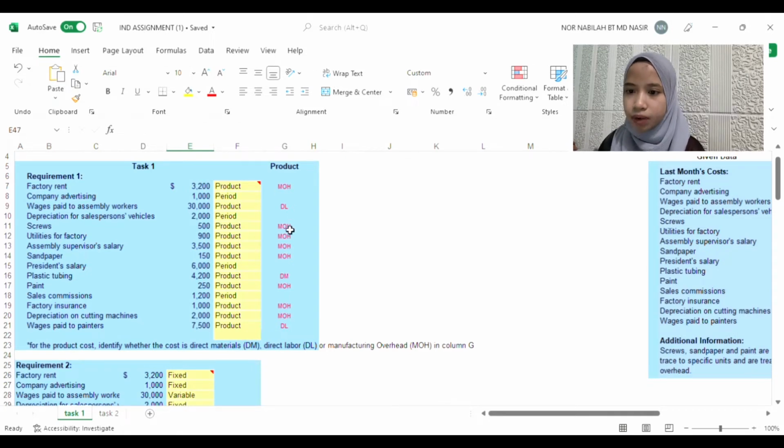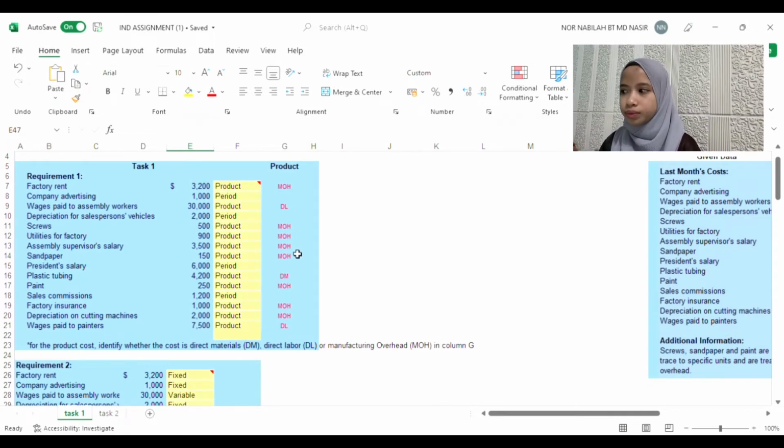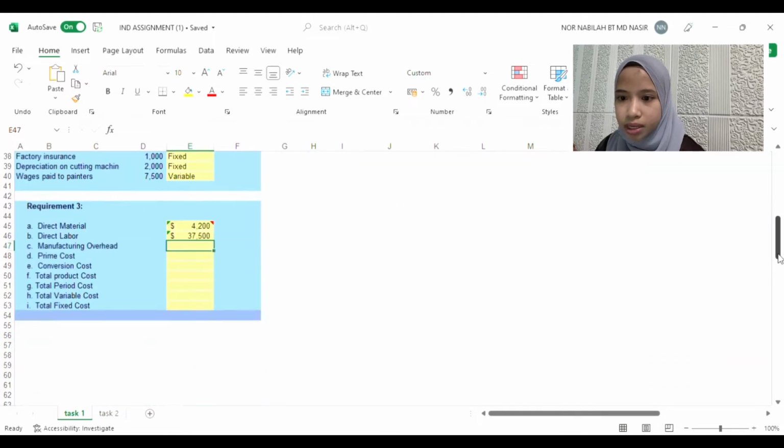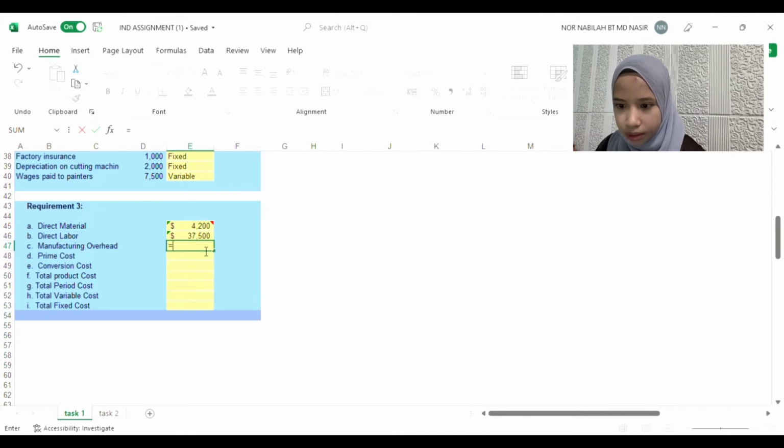And then manufacturing overhead: the factory rent, the screws, utilities for factory, assembly supervisor salaries, sandpaper, paint, factory insurance, and depreciation of cutting machine.